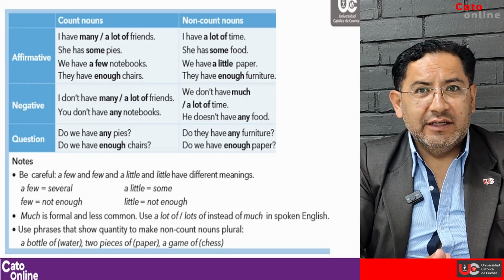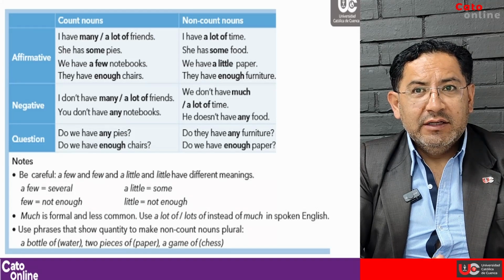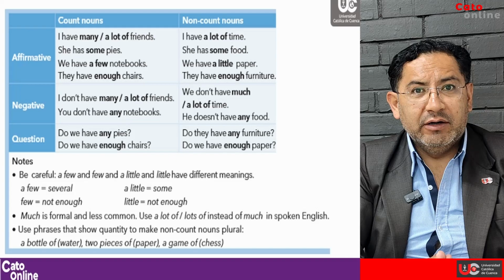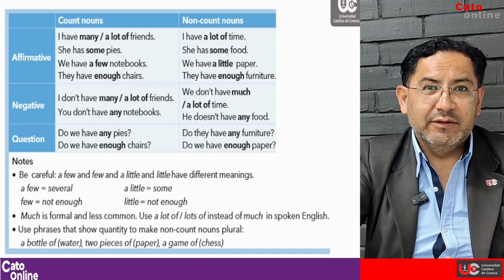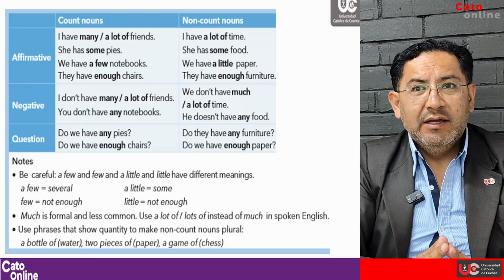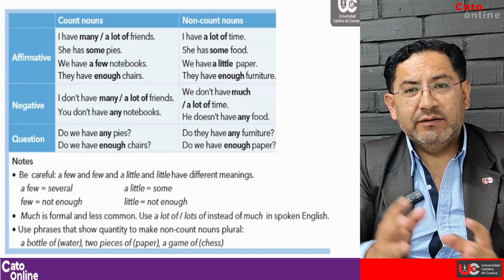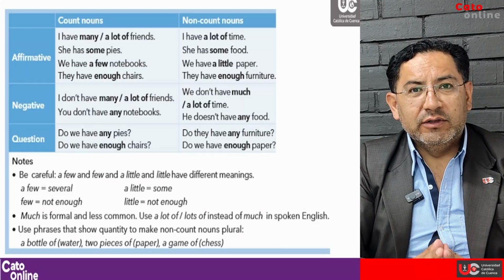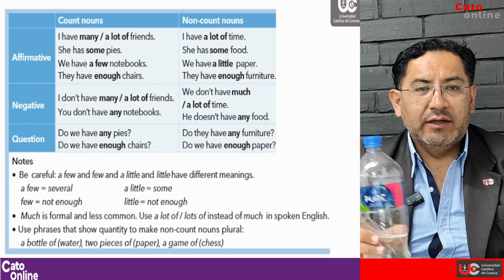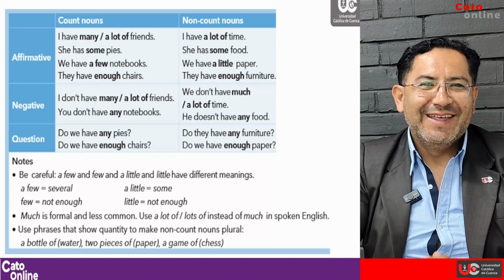Use phrases that show quantity to make non-count nouns plural: a barrel of water, two pieces of paper, a game of chess. We need extra words in order to talk about this kind of non-count nouns.